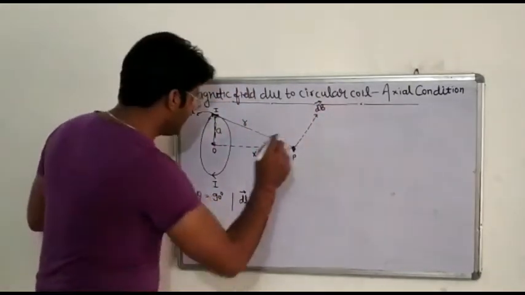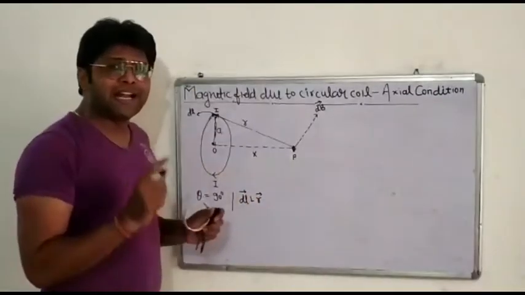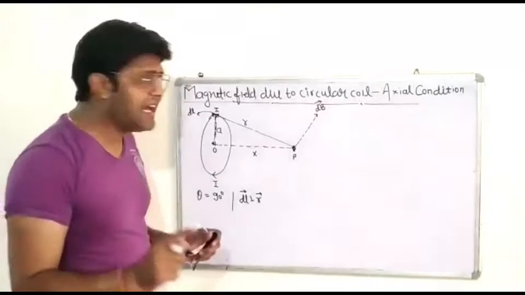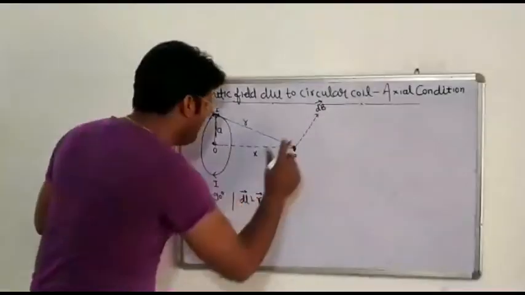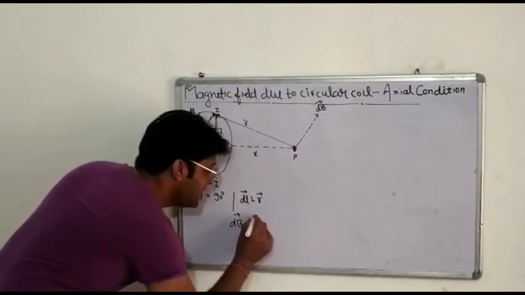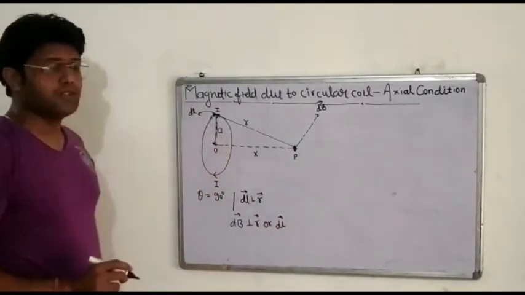Remember that students, dl is perpendicular to r here. We all know that direction of magnetic field will be perpendicular to the plane in which dl and r lie. So this dB will be perpendicular to the r or perpendicular to the dl.